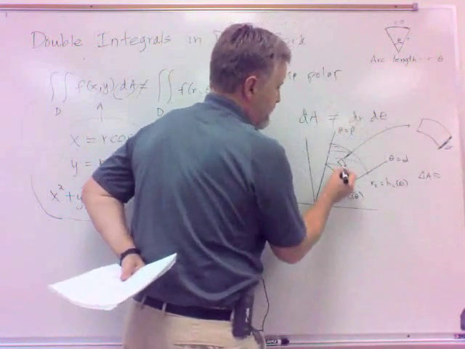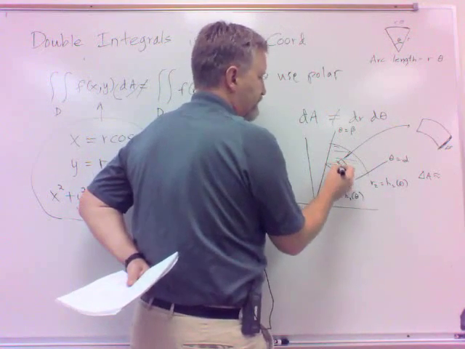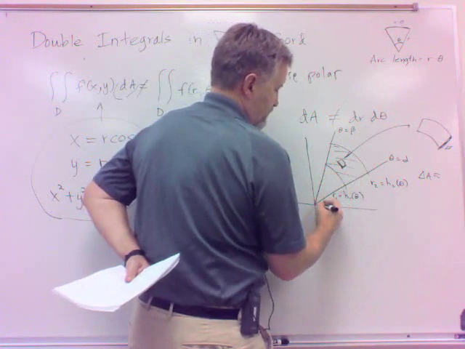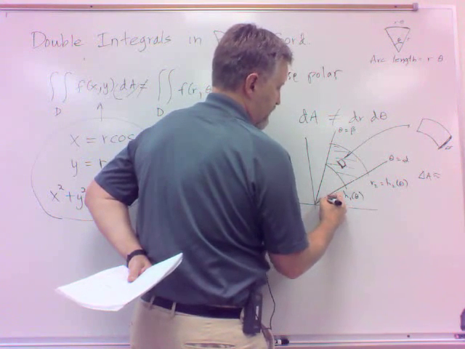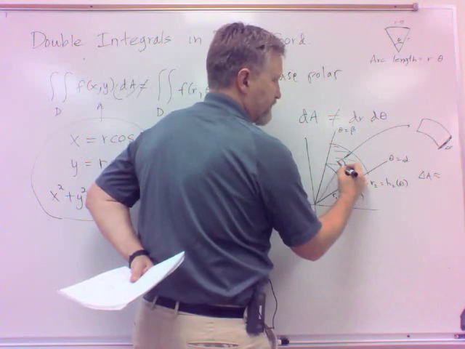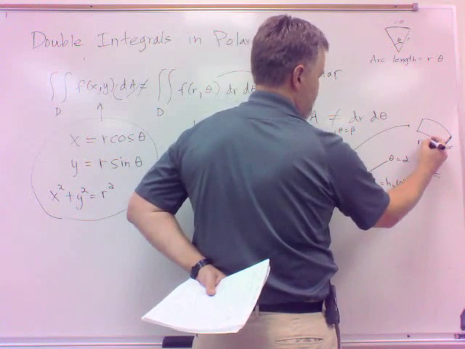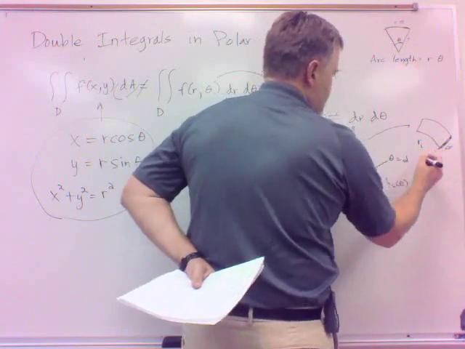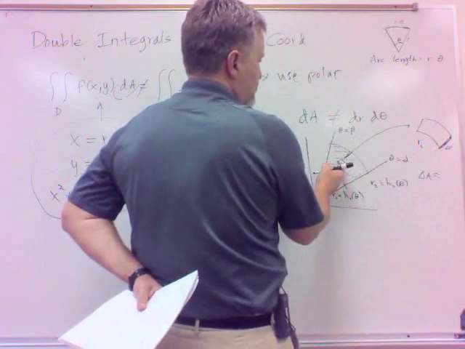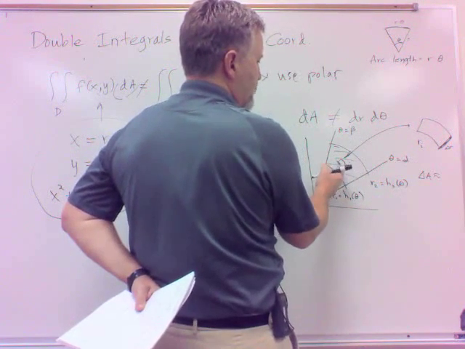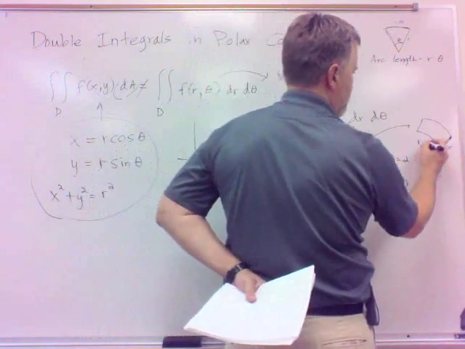All right, well, in this case, what we've got is my r to here would be, call it r i, the inner radius, times the angle I sweep out, which is just the change in theta.